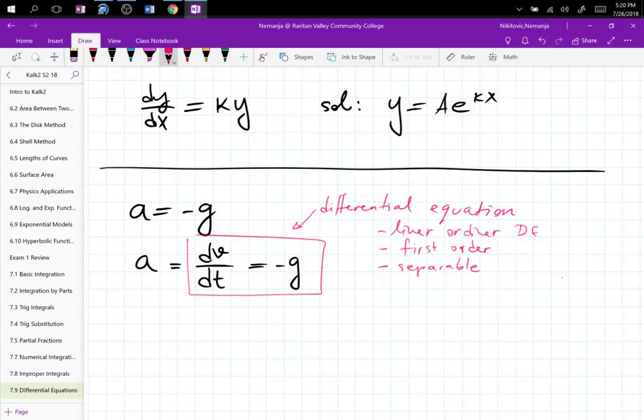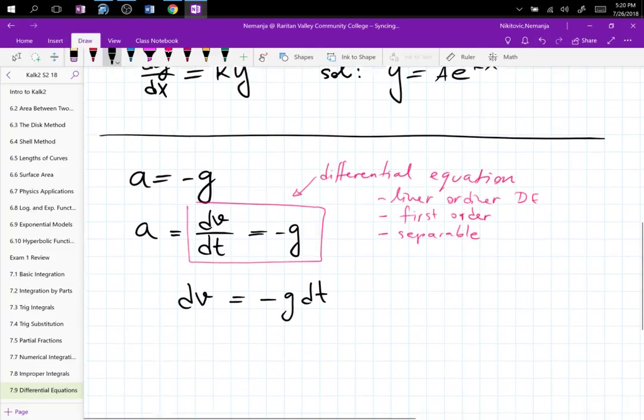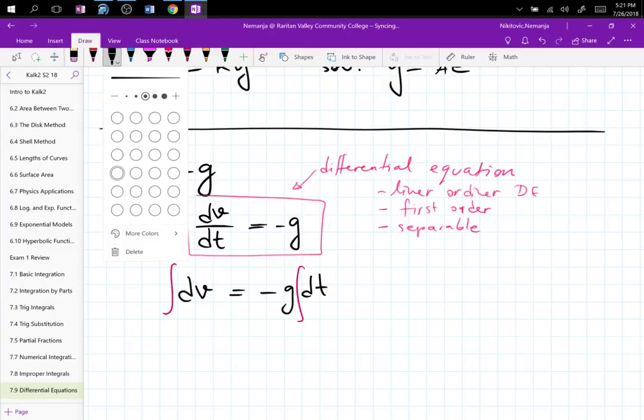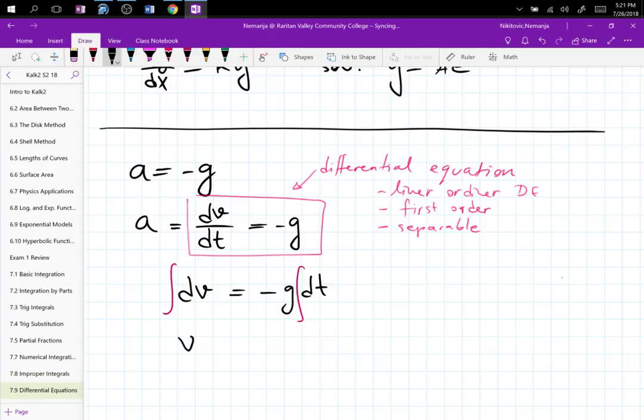And now I know that this differential equation is separable, so I am going to separate variables by leaving dv on the left-hand side and pushing dt to the other side. At this stage, I integrate both sides. Note that negative g is a constant, so I'm just integrating dt in this case. Integral of dv is v, and on the other side I have negative gt plus some constant c.